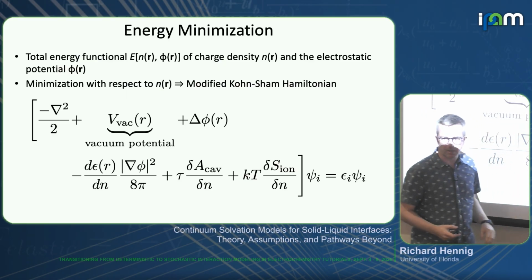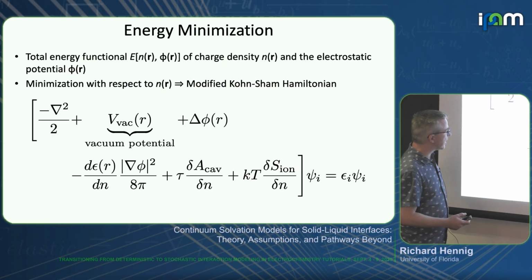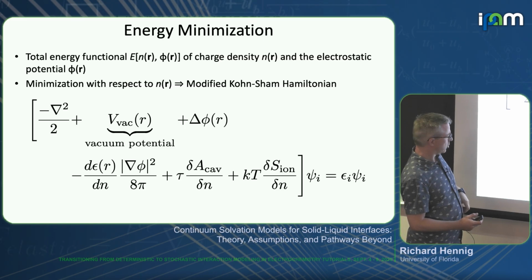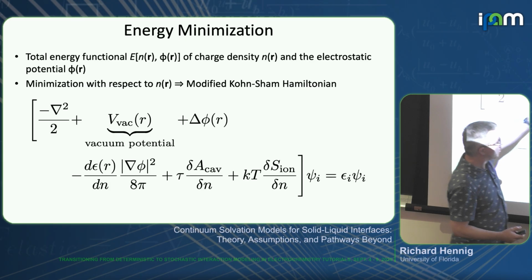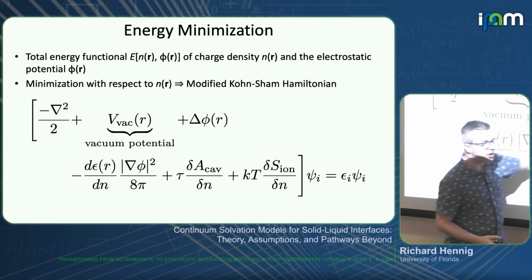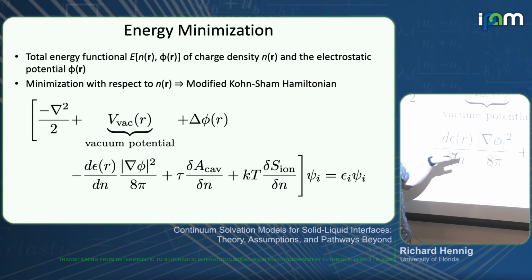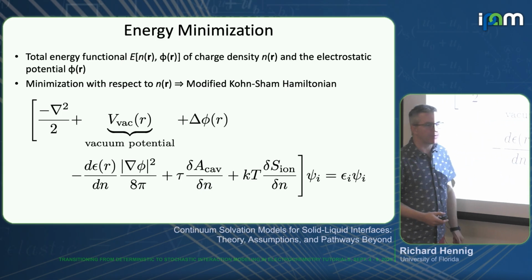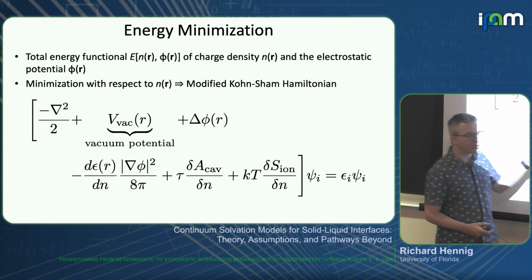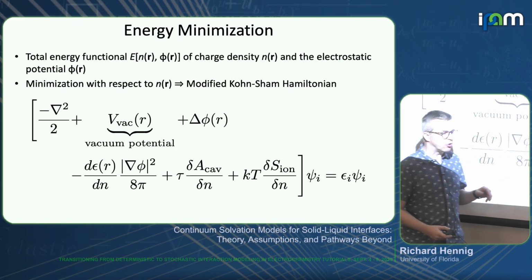That's just the Laplacian of your electrostatic potential. I'm confusing myself a little. And then you get what you normally get in DFT. These are all extra terms from your solvation model. So in your DFT equation, you have to implement these terms into the Kohn-Sham equation when you solve for them. These give extra potential contributions you have to solve for.